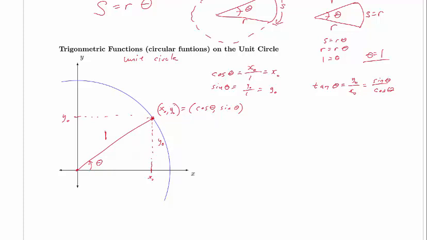We're going to start expanding our list of trigonometric functions right now and I'll introduce the secant theta, which we define as 1 divided by the cosine theta.